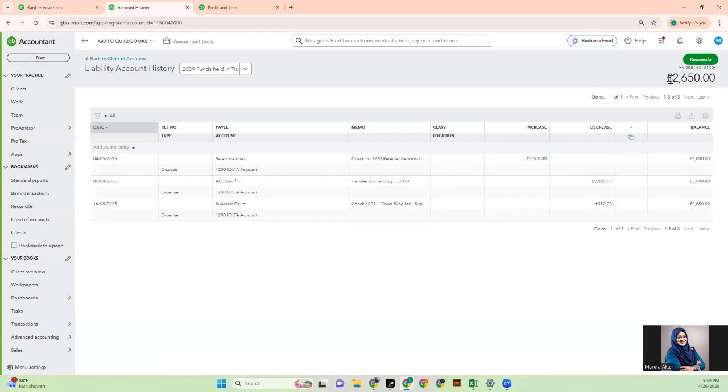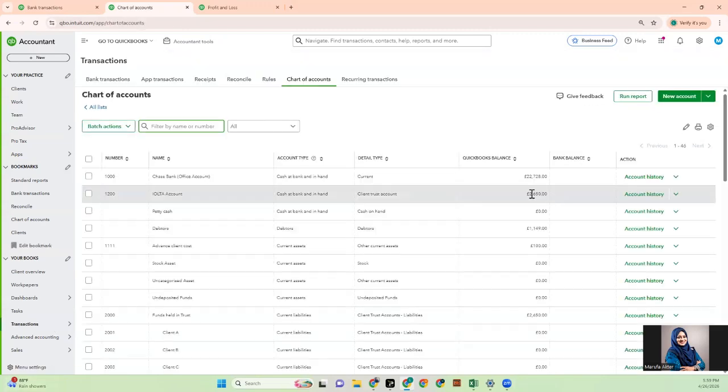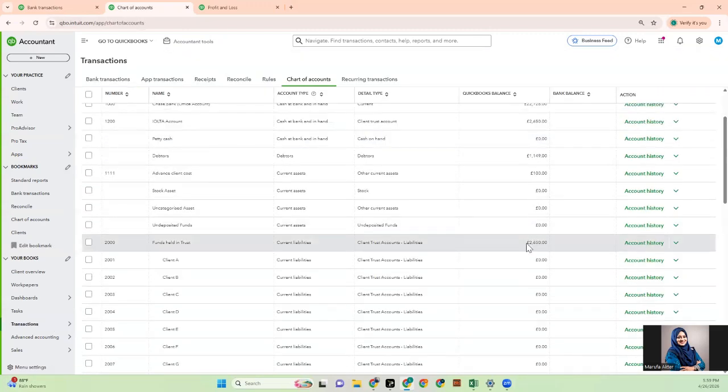Her balance is $2,650. That's exactly right. $5,000 minus $2,000 minus $350 equals $2,650. Now let's check the IOLTA bank balance. It's $2,650 and funds held in trust is $2,650. So your three-way reconciliation is correct now.